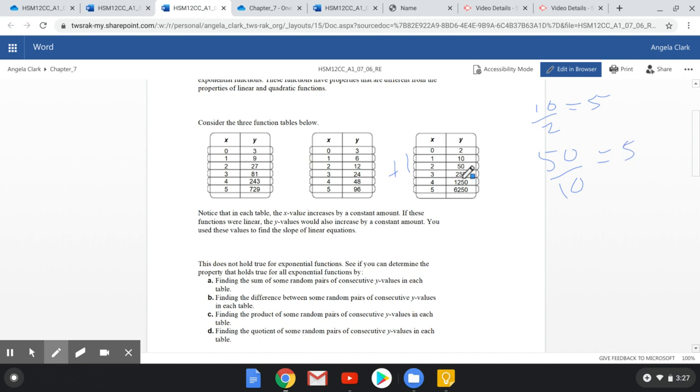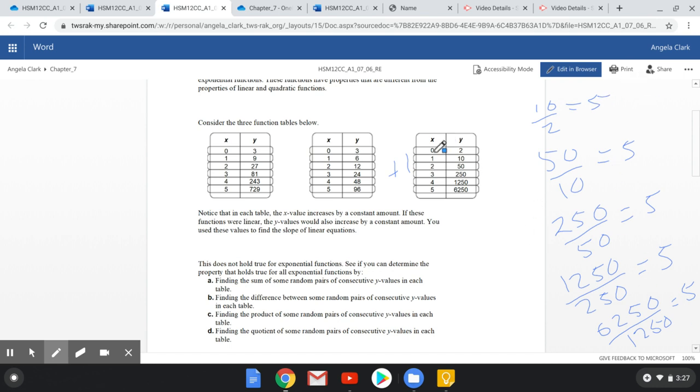And then 250 divided by 50, which is 5. And then 1,250 divided by 250, which is 5. And 6,250 divided by 1,250, which is 5. So they all came out to be 5.